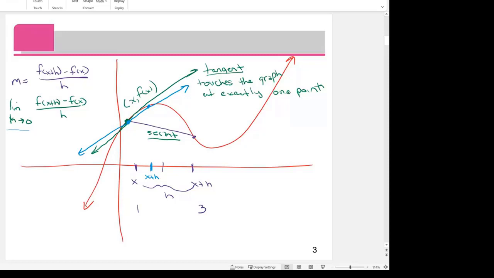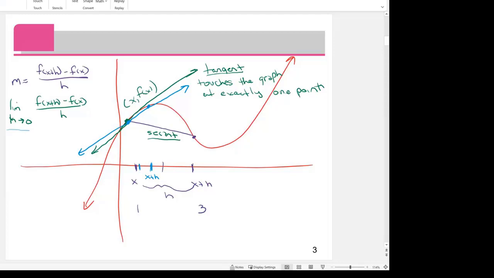And as I move closer and closer, what is happening here, as you can see, is we have 2 points that are really right next to each other, because we're saying h approaches 0. We're not saying h equals 0. We say that it approaches 0.